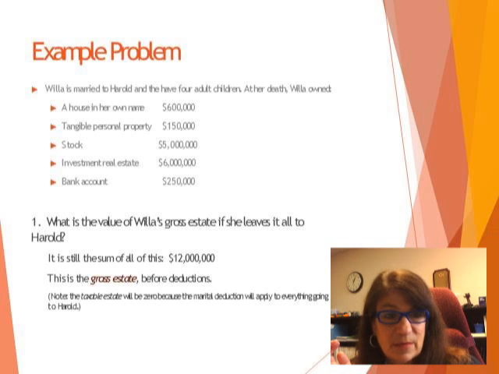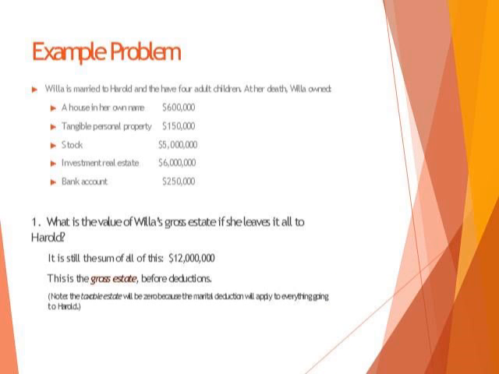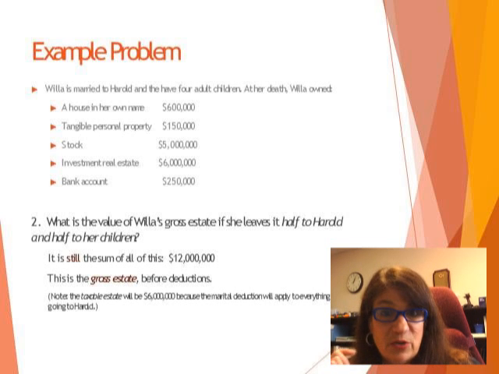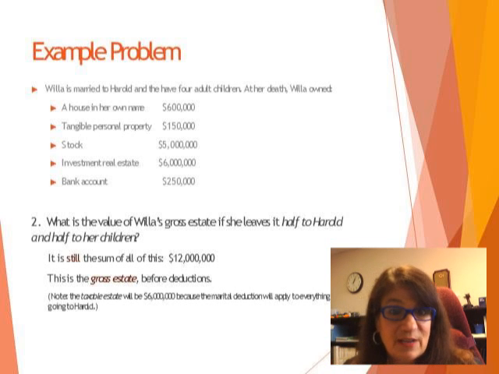Now, what is my footnote here? The taxable estate will be different because the taxable estate will have the marital deduction, and that will make the taxable estate 0. But the gross estate is all of that $12 million. Now, what is the value of Willa's gross estate if she leaves it half to Harold and half to her children?